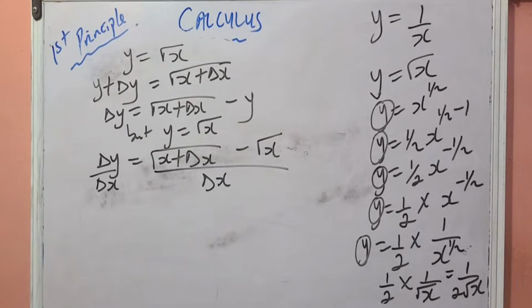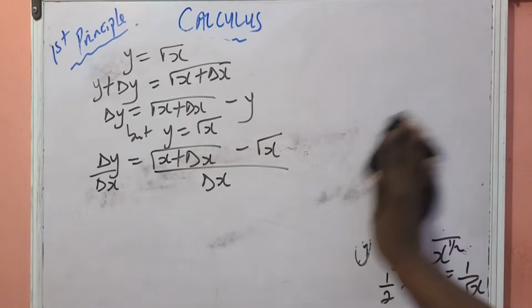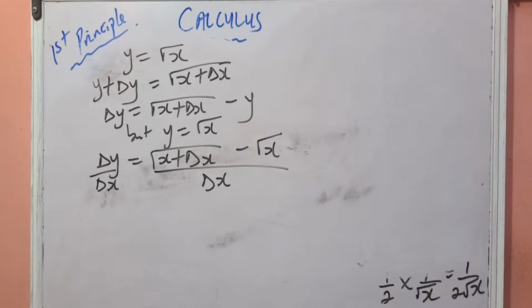That's step number 3. Now, this is a place where I would love you to remind yourself of what I explained to you about moments like this. When you have moments like this, you don't have to panic or be intimidated by the expression. What you have to do is look for a way to change the form.